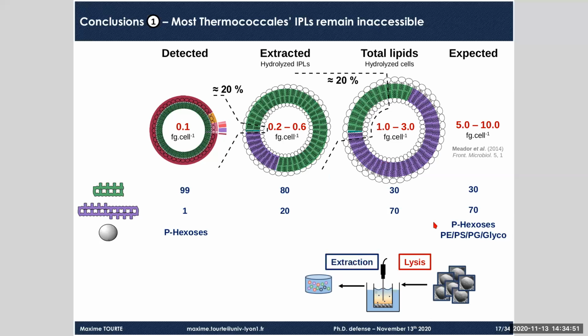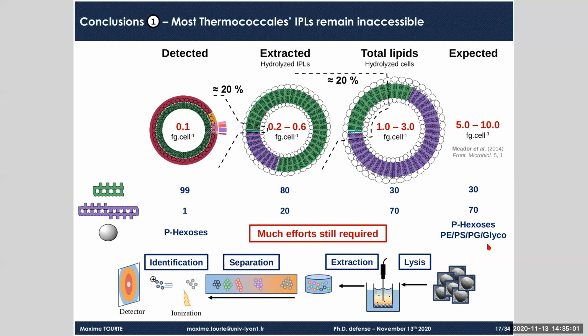Or the lysis method that we employed was actually not able to disrupt all the cells of Thermococcus barophilus. So altogether, this result clearly shows that we have some limitation in analyzing intact polar lipids in Thermococcus barophilus.